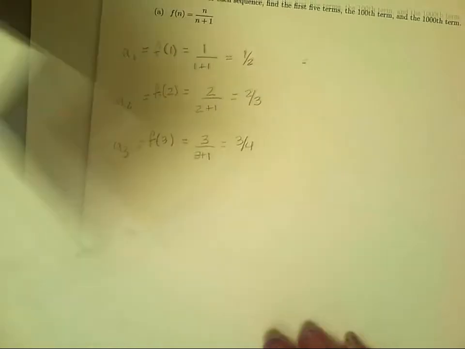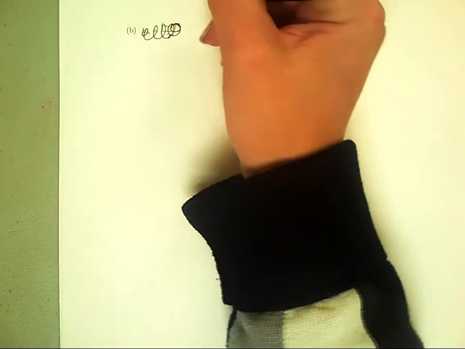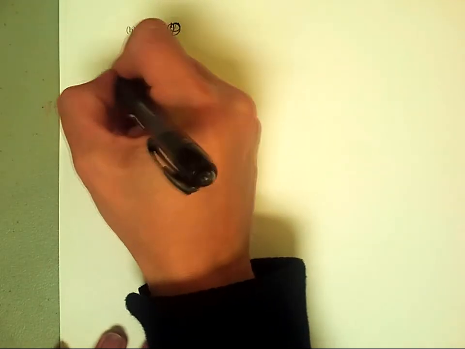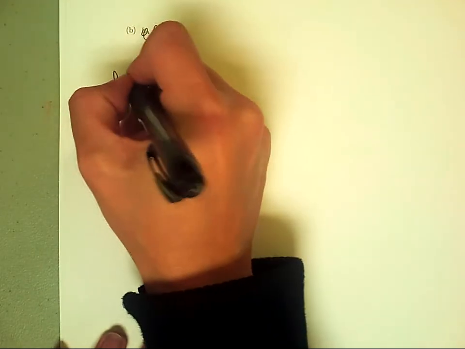Running out of paper. Okay, so we're going to do this by inspection at the moment, and then we will determine a more rigorous way to do that. So let's look again at our sequence that we had.